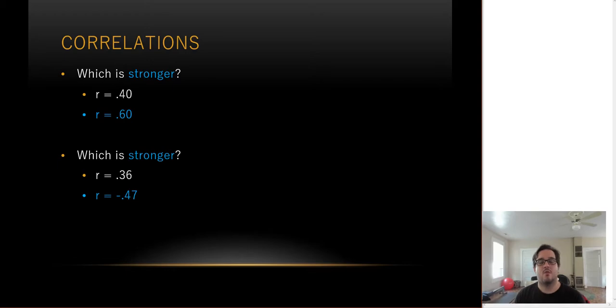However, again, remember that we're determining the strength of the relationship by the distance from 0. So negative 0.47 is going to be further, it's closer to -1 than 0.36 is to +1. So the strength of the second relationship is stronger. Remember, the strength is going to be determined by how far the number is away from 0.